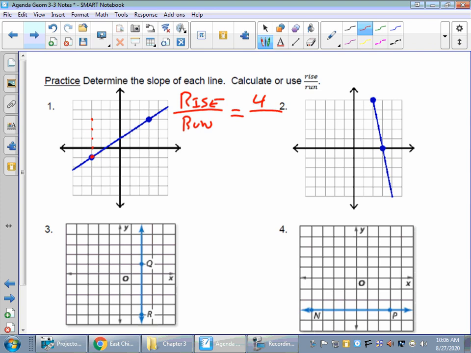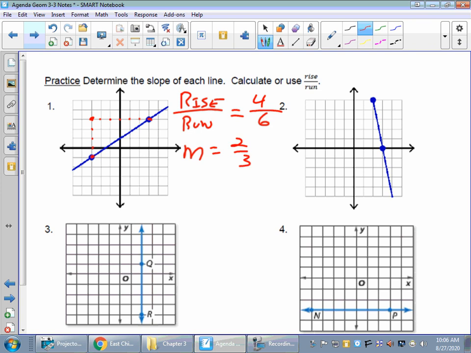So that's my rise. And then running is left and right. So if I go from this point here 1, 2, 3, 4, 5, 6 to that point there, then that's my rise over run, which is 4 over 6, which we can reduce. Let's try to do that. So m would be equal to 2/3 in that problem.